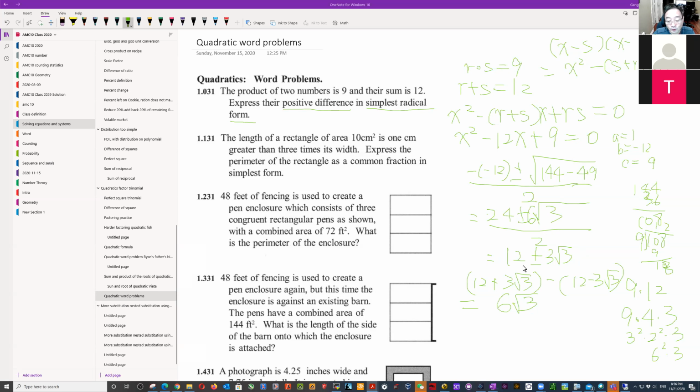The factoring problems are much more of those specially designed problems. If it's not specially designed for it, 99.999 percent of the time you need a formula.